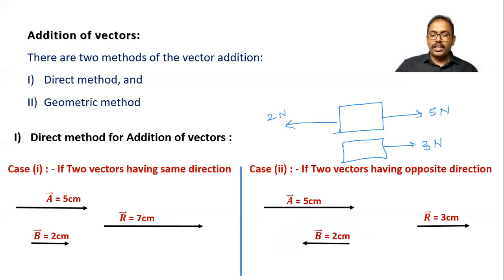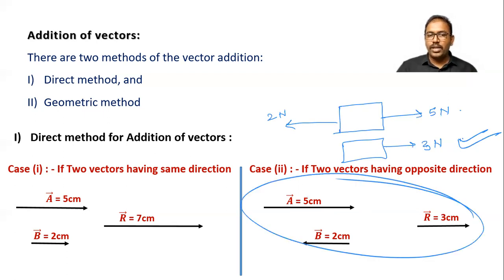So listen, the resultant diagram of these two we can draw like this. Basically, if two vectors have opposite directions, we can subtract their magnitudes. Same direction, we can add. But listen, this is not the subtraction that you have to do, because subtraction is a little different compared to this.